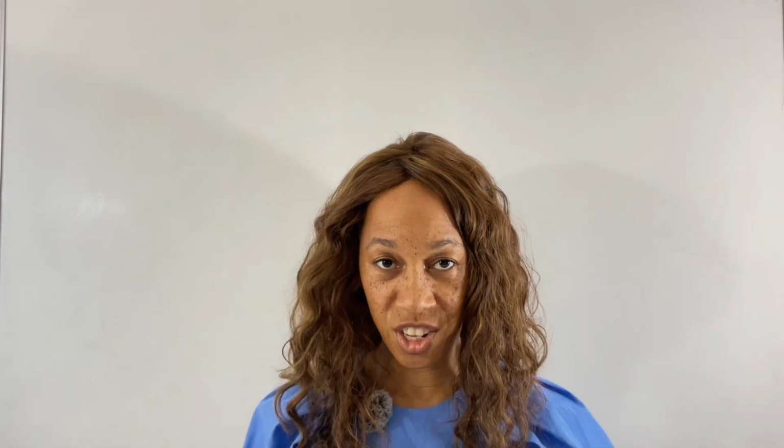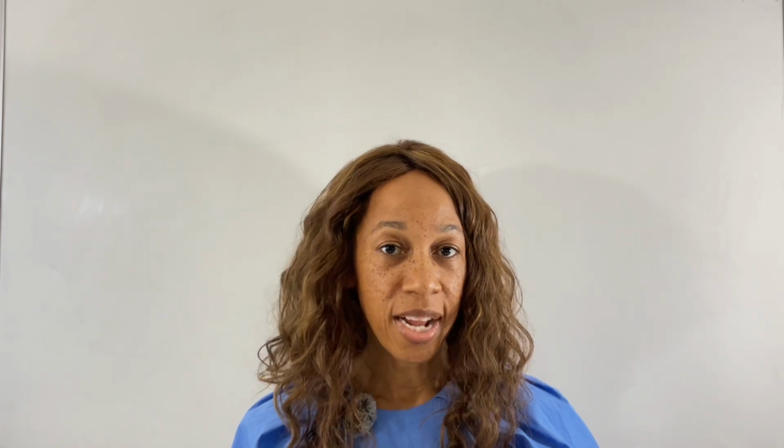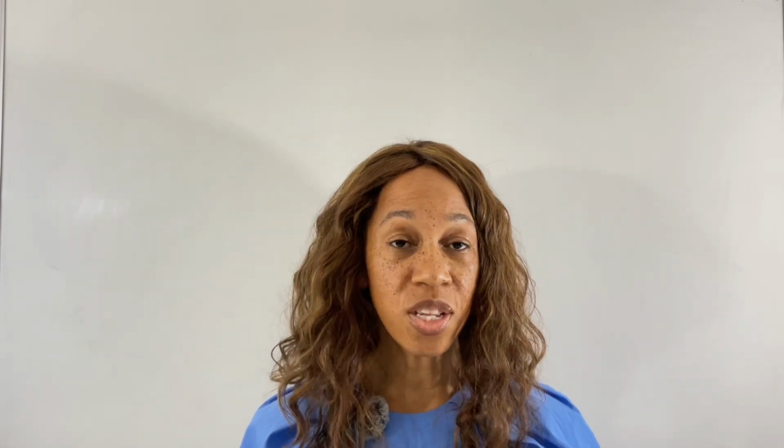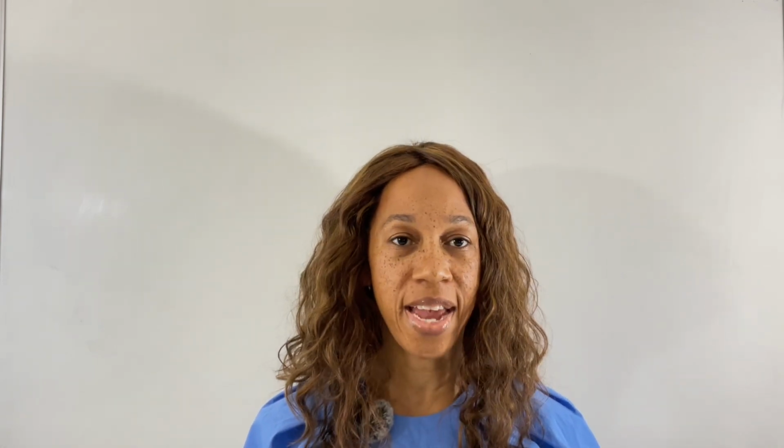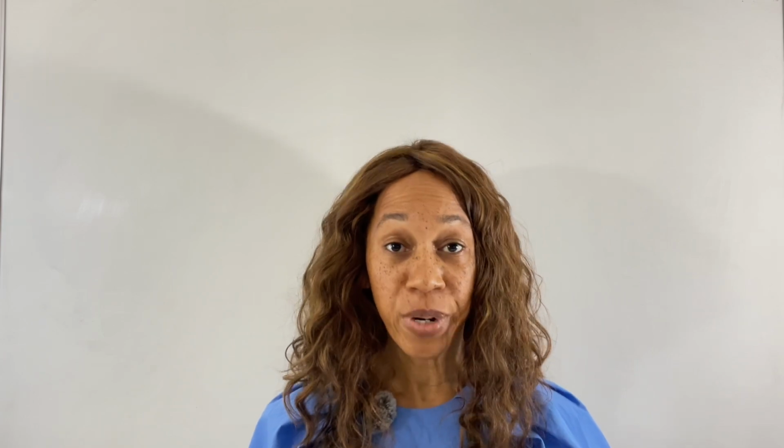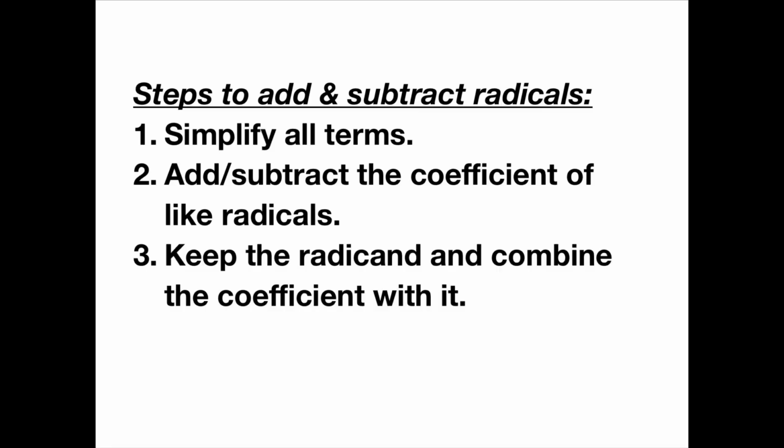Before we get started, I want to tell you the steps that you need to take when you are simplifying radicals, and in particular when you're adding and subtracting radicals. The first step is that you're going to simplify all terms. The second step is that you are going to add or subtract the coefficients of the like radicands, and only of the like radicands.